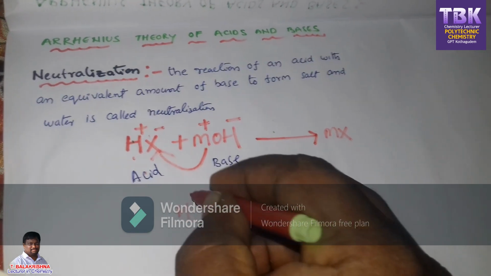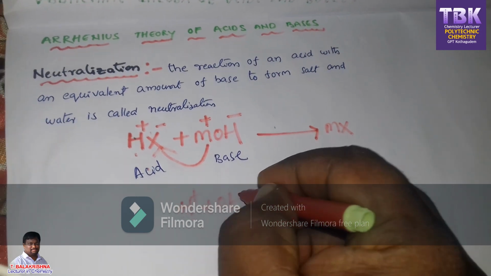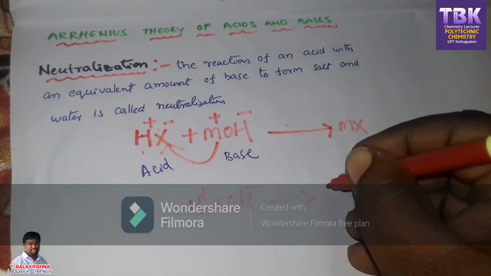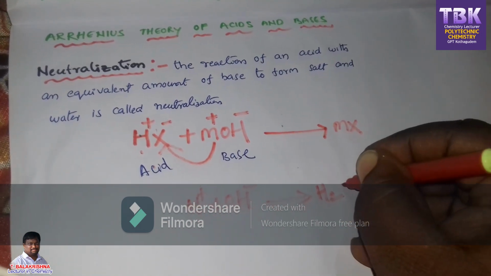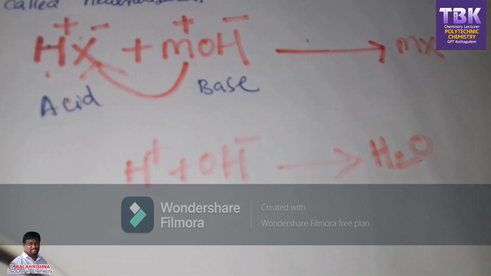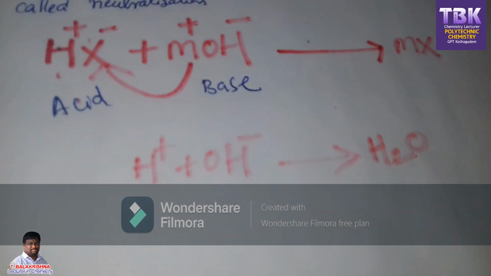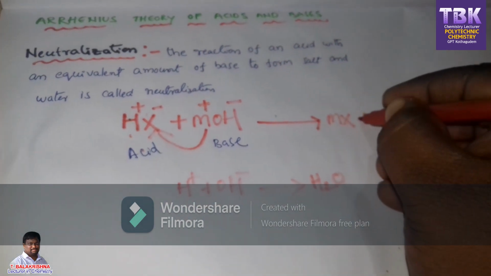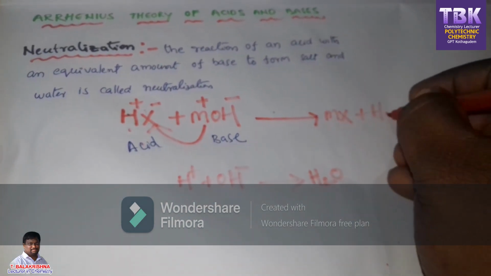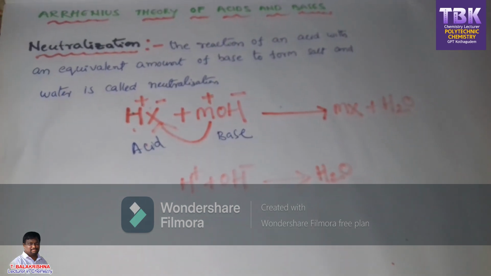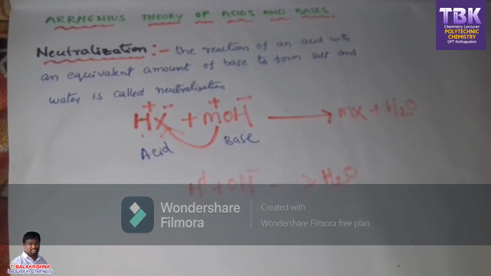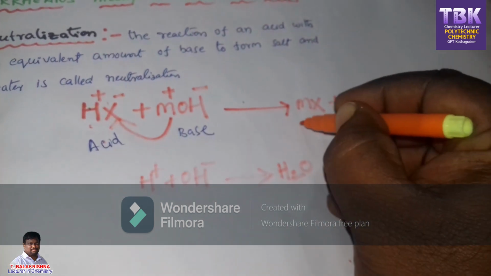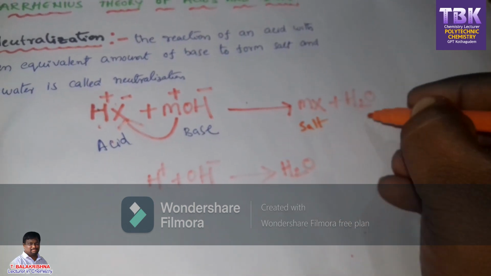H plus and OH minus give rise to H2O, a water molecule. So we will get MX plus H2O. We already learned MX is the general formula of the salt, and this is water.